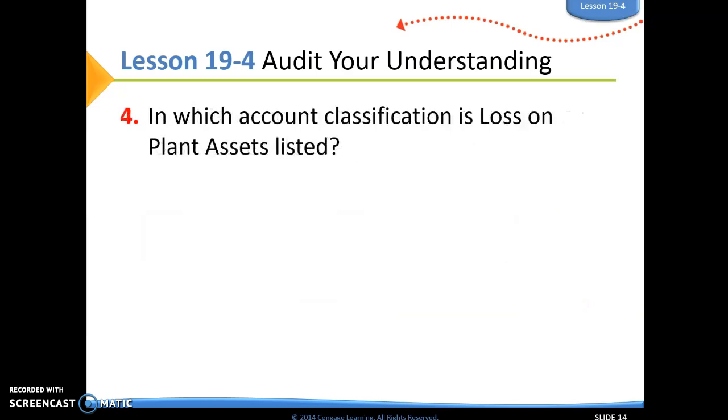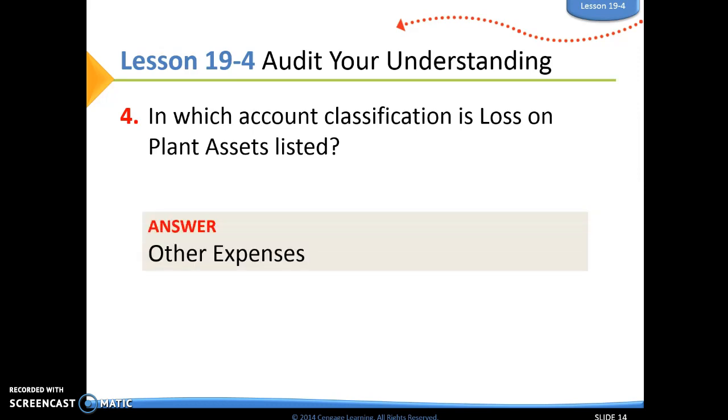And last one, number 4, in which account classification is loss on plant assets listed? This would be considered an other expense. Move on to your 19.4, work together.